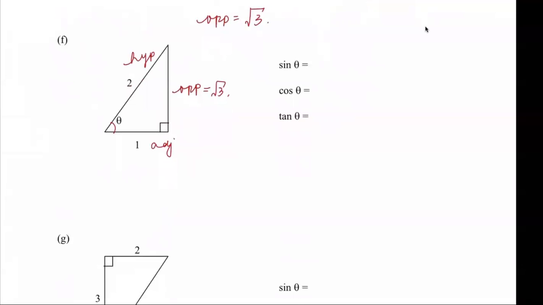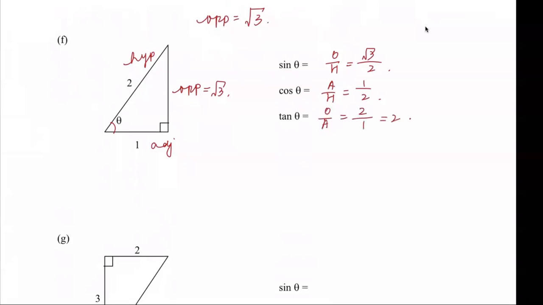Sine theta is equal to O over H, which is square root of 3 over 2. Cos theta is equal to A over H, which is 1 over 2. Tangent theta is equal to O over A, which is 2 over 1, which is 2.